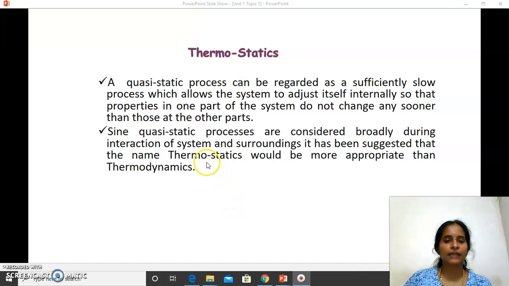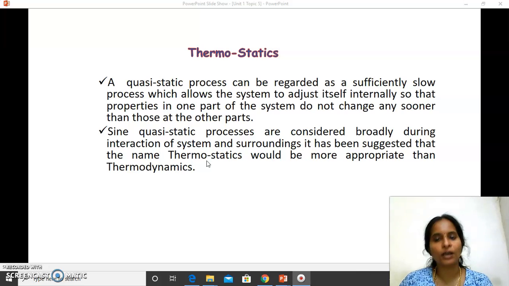So thermostatics would be a more suitable title than thermodynamics. This is just for a clear view about this subject, not about the name.